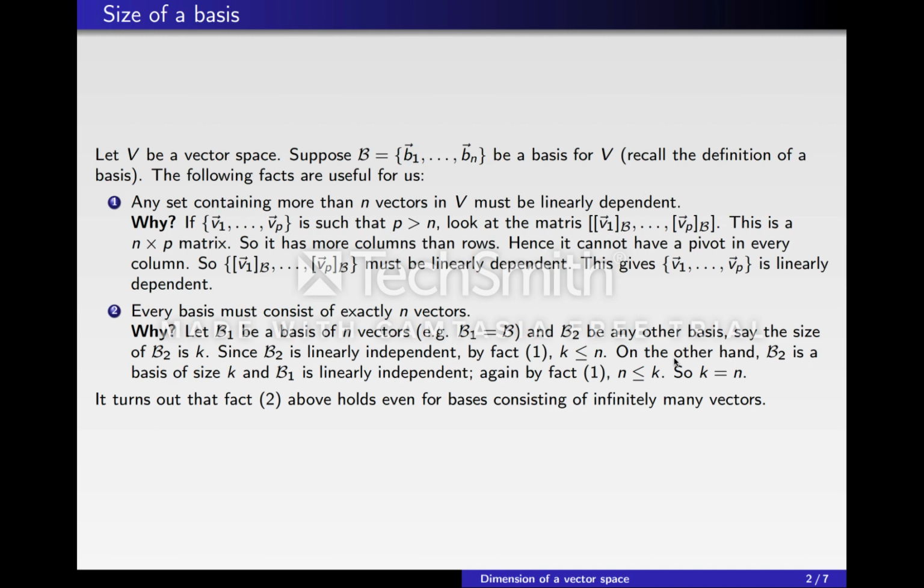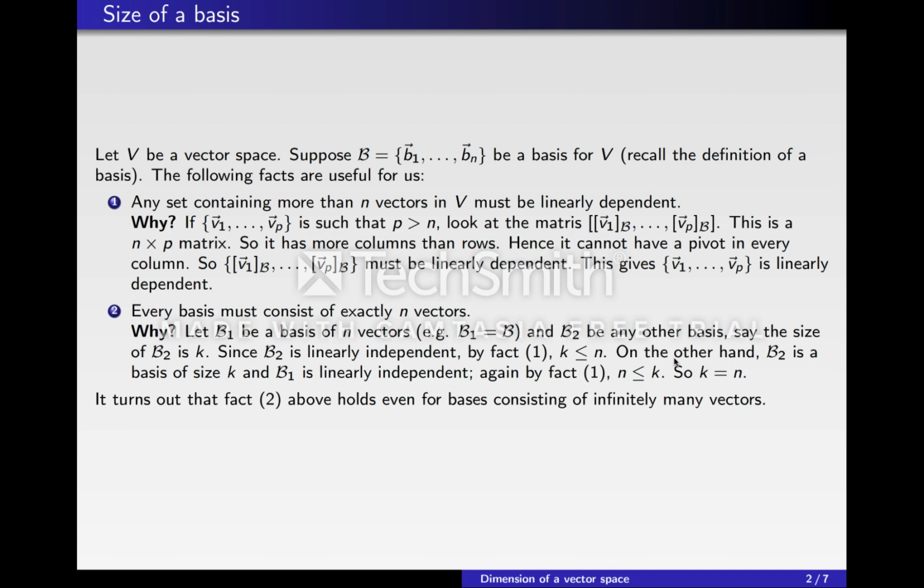On the other hand, we do the same argument. B2 is a basis of size k, and B1 is linearly independent. So again, by fact 1, the size of B1 must be at most k, so n is less than or equal to k. So we got k is less than or equal to n, and n is less than or equal to k, so in fact they must be the same.